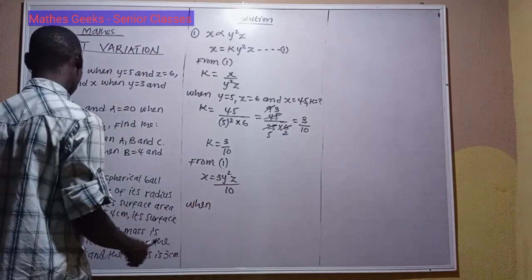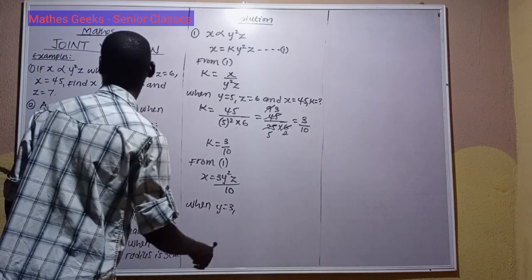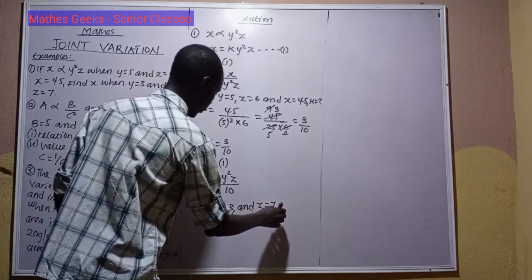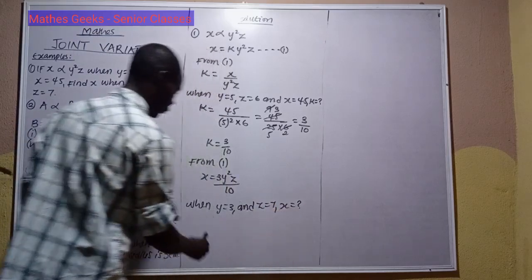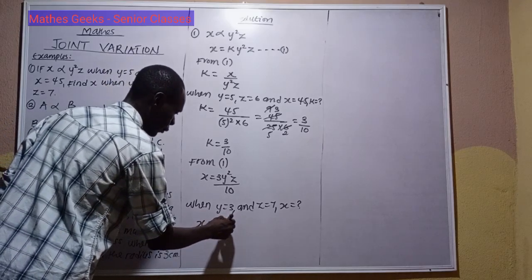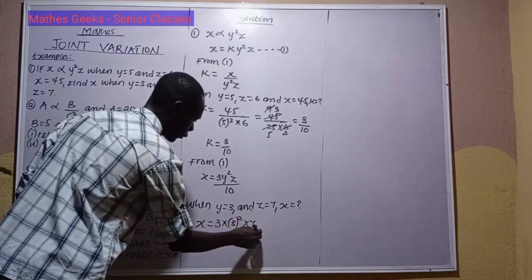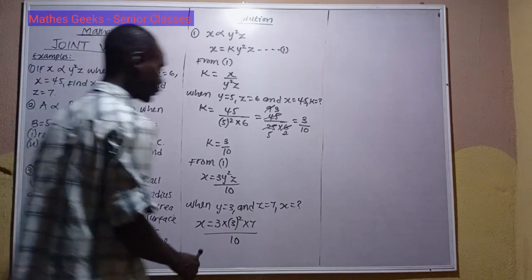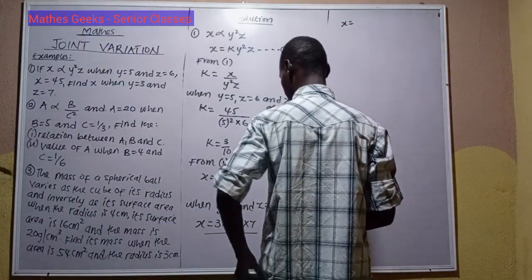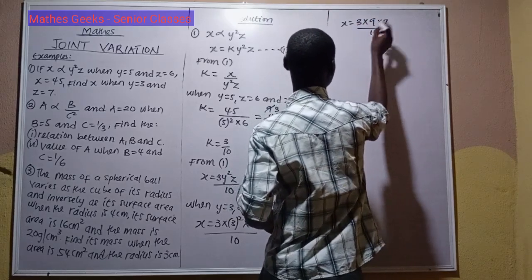When y is 3 and z equals 7, x is what? X is equal to 2 times 3 squared times 7 over 10. X is equal to 2 times 9 times 7 over 10.